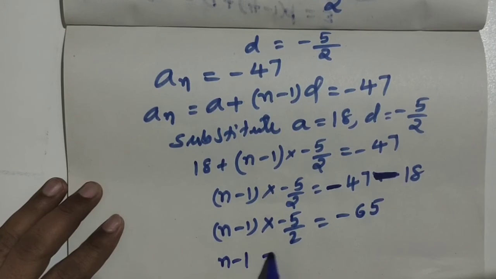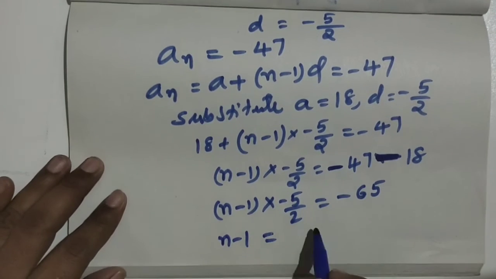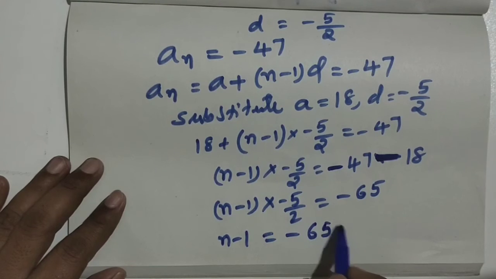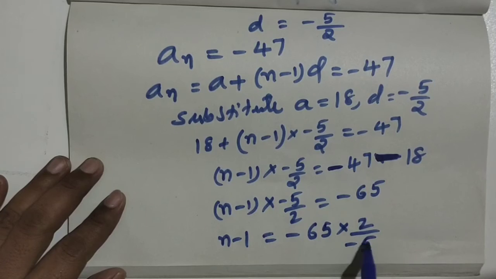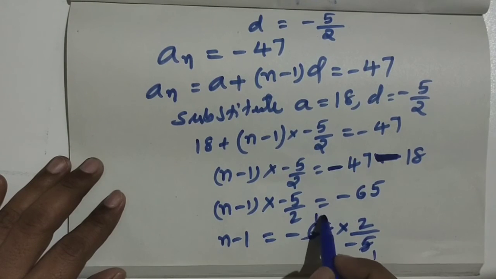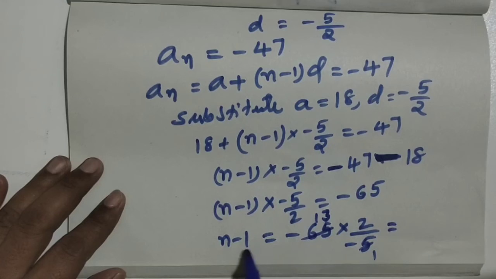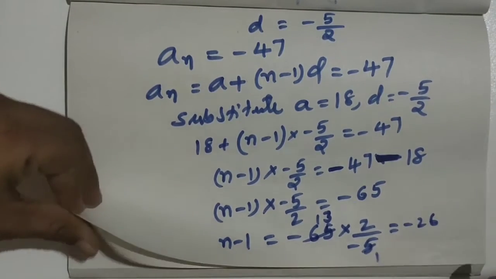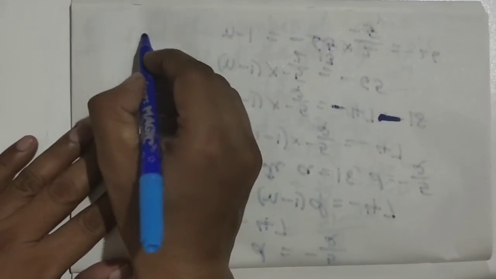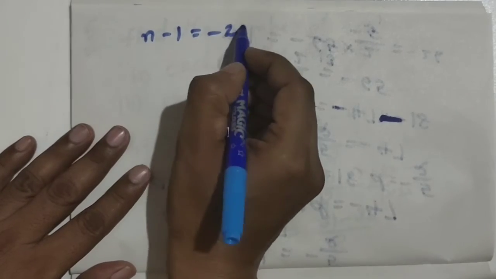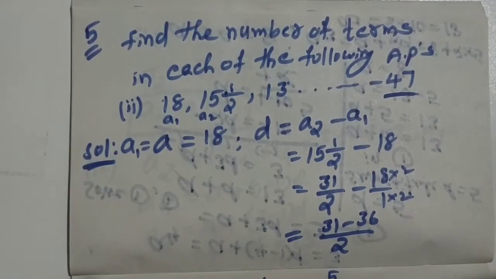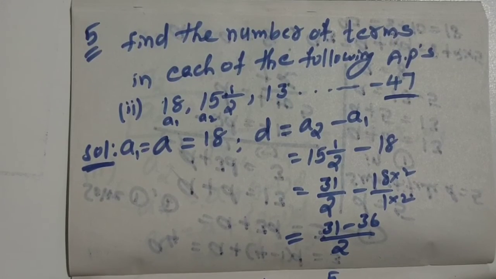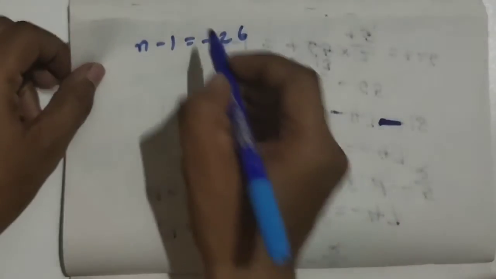Now n minus 1 is equal to, transfer this minus 5 by 2 to the right side, we get minus 65 into 2 by minus 5. Now by 13s, so here n minus 1 is equal to minus 26. Minus minus will get cancelled, so minus 26 becomes plus 26.